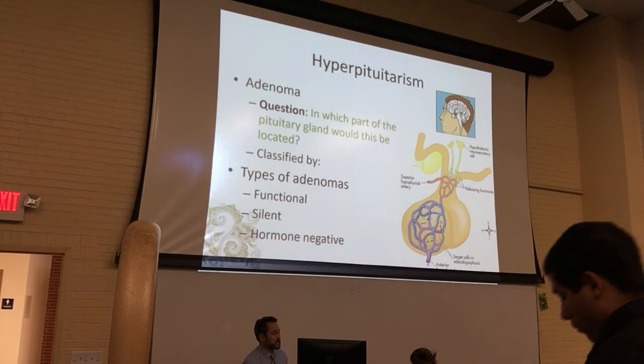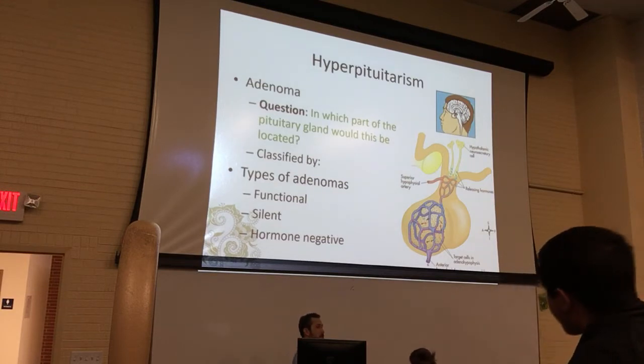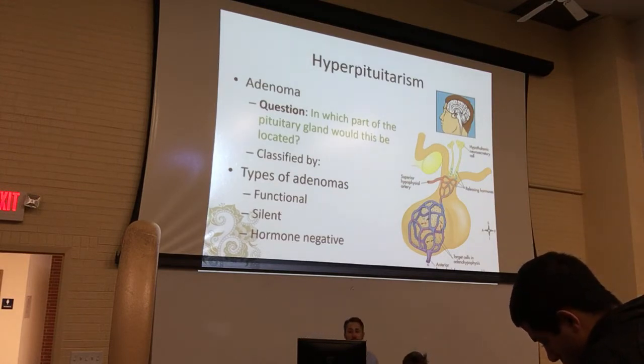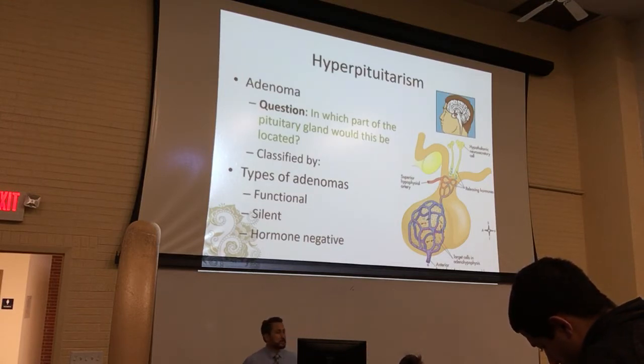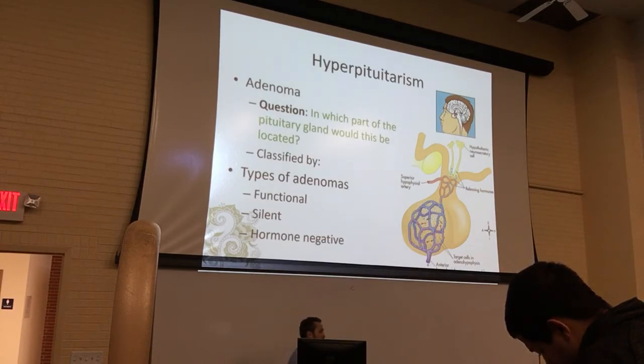Functional means they make hormone and have clinical effects. Silent means hormone's produced, but it's not operational, it's not functional. And then hormone negative, no hormone is made. And so they were worried about a hormone negative adenoma in my daughter.